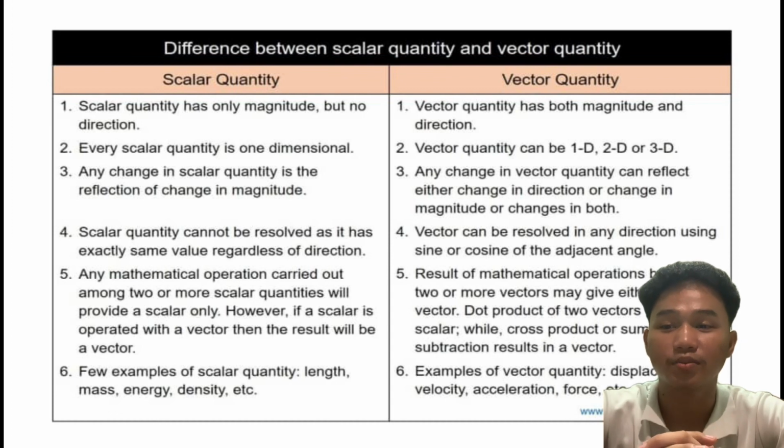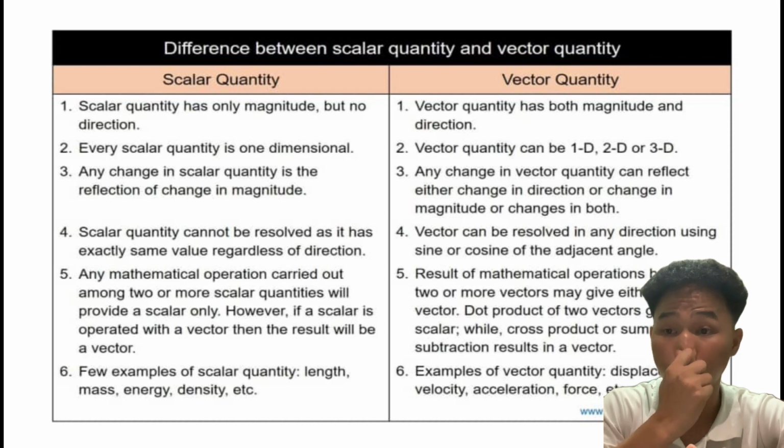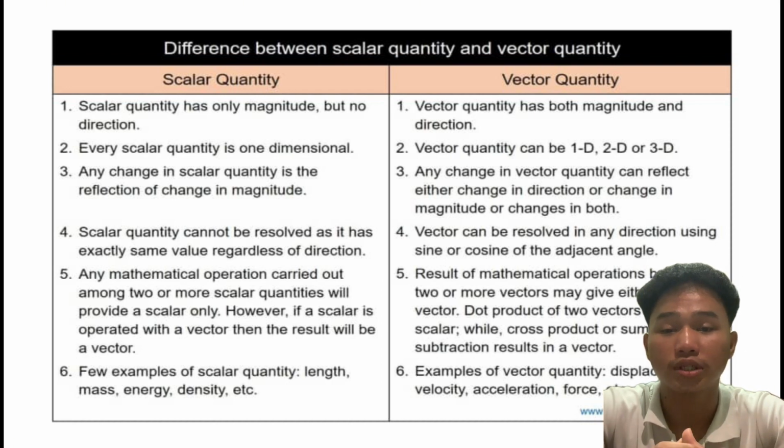The difference between scalar quantity and vector quantity. For scalar quantity, we have 6 points. 1. Scalar quantity has only magnitude but no direction. 2. Every scalar quantity is one-dimensional. 3. Any change in scalar quantity is the reflection of change in magnitude. 4.